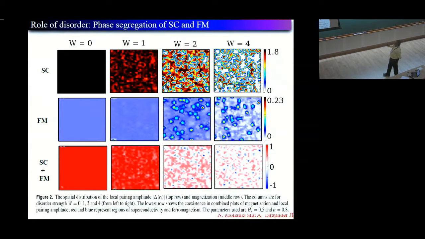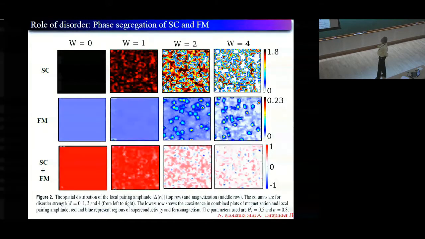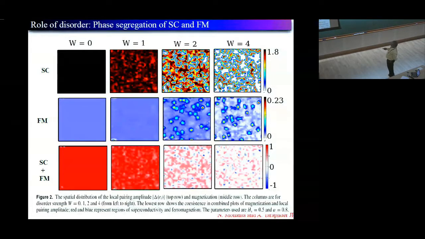Superconductivity appears in patches, which is usually what happens in a disordered superconductor. A lot of people have done this before us in the context of superconductivity. If you now suppress superconductivity and look at the ferromagnetic patches, you find that with some disorder, ferromagnetism appears in patches.